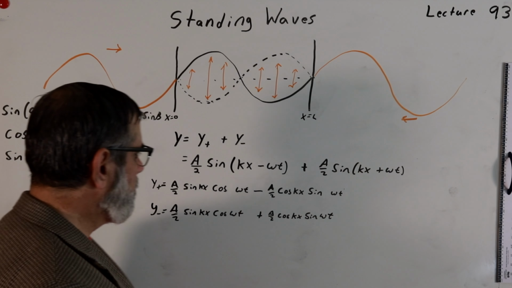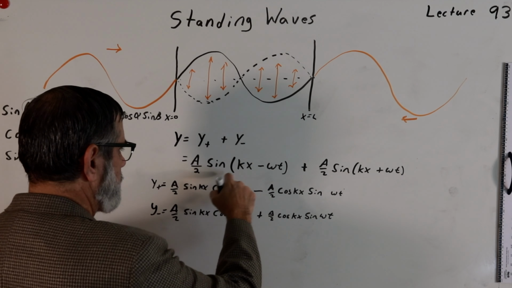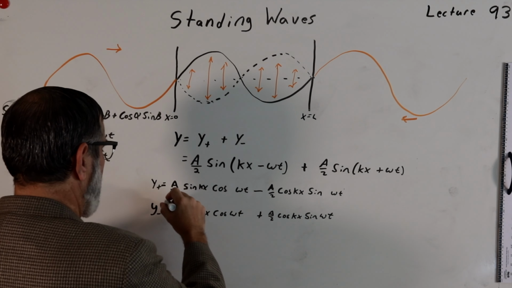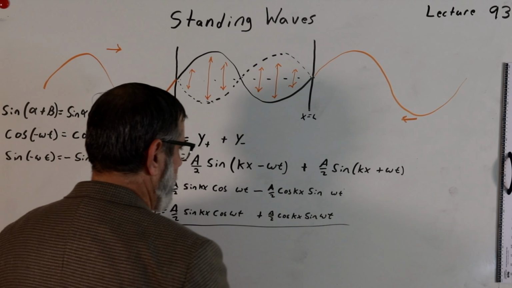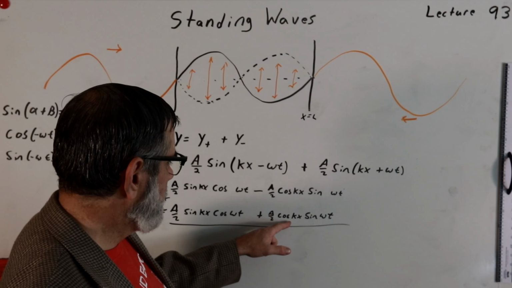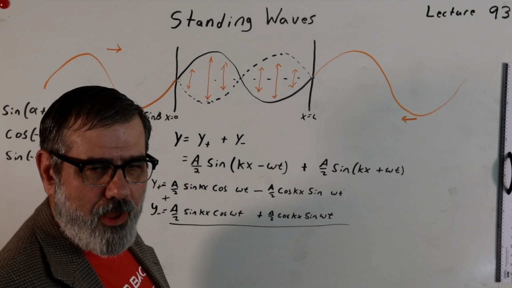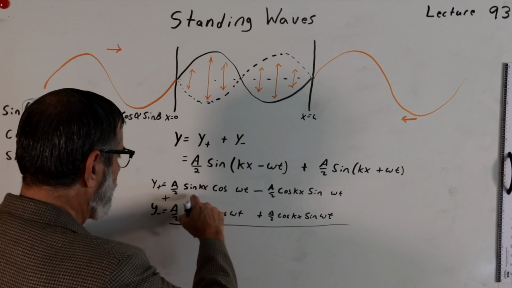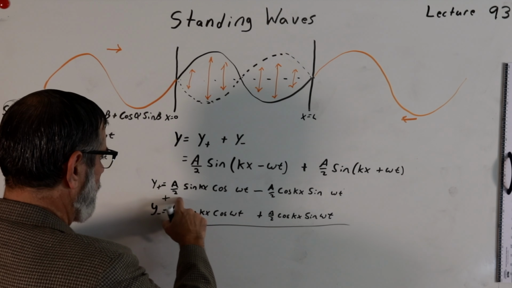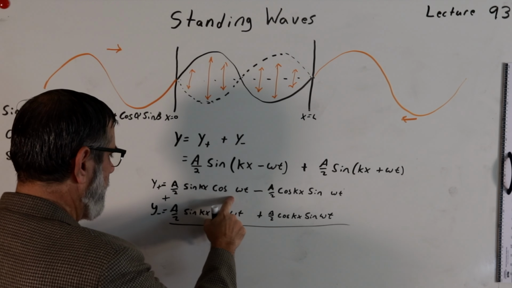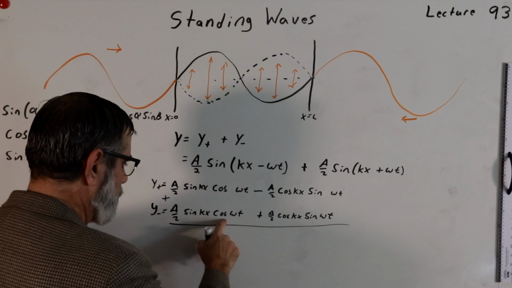Yeah, looks good. And I want to add these terms because remember this is y plus plus y minus. That's y, right? So if I add these, this term is identical to this term. So I have this minus this, right? When you add these they go to 0, and all you're left with is these two, right? So you have a over 2 sine kx times cosine omega t plus a over 2 sine kx cosine omega t.